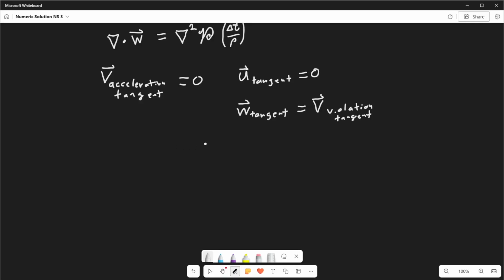So that basically means that the W vector tangent at the boundary is going to equal the gradient of p tangent at the boundary or wall.